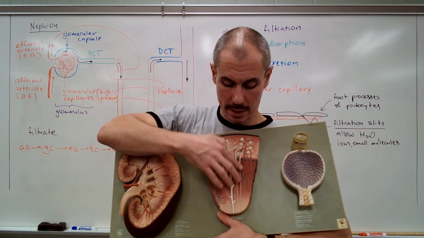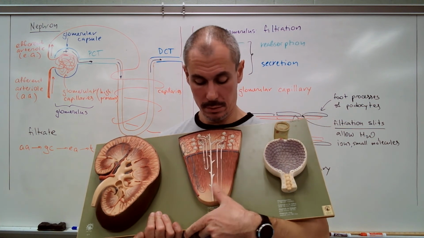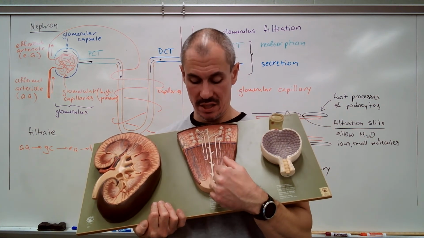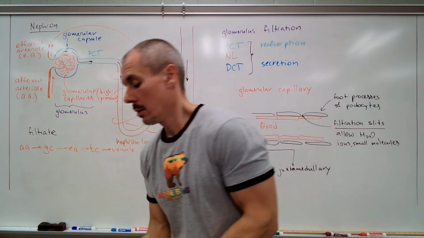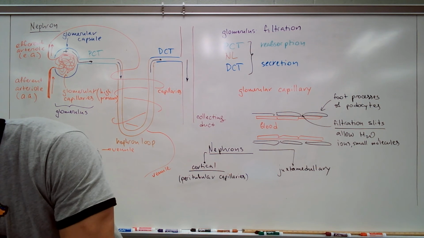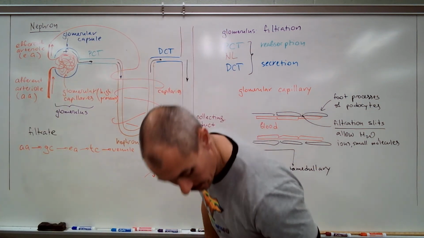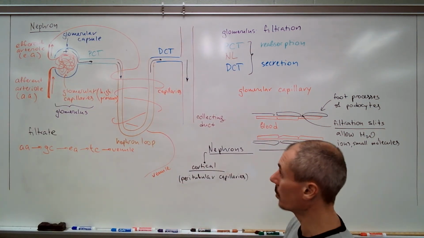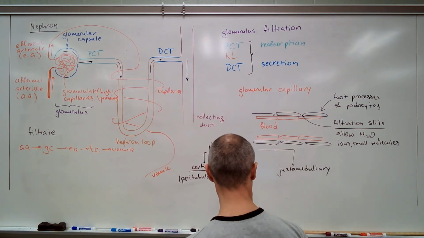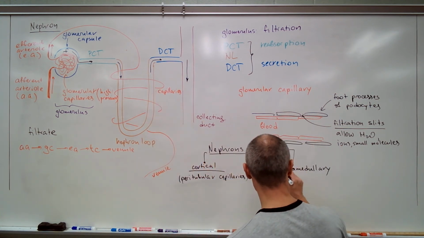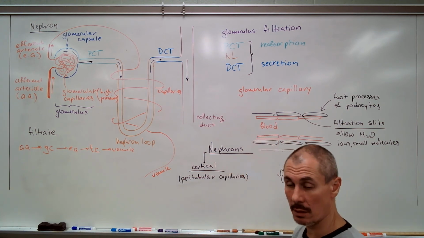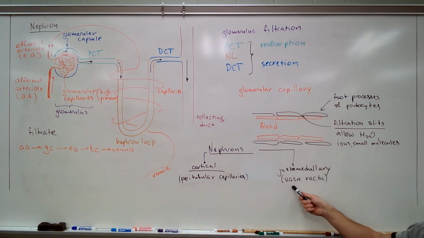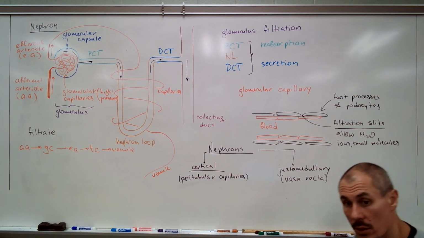Okay? This one, the long one, is juxtamedullary. So it is located very much in the medulla. It extends all the way down. You see that? So the system of capillaries that goes around the nephron loop in the juxtamedullary nephron is called vasa recta. We translate it from Latin, straight vessels. Vasa is vessel, recta is straight.